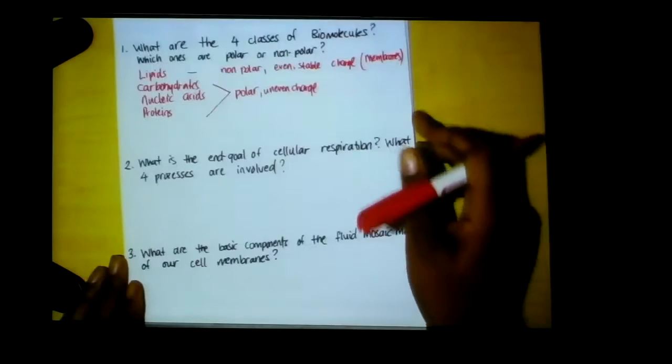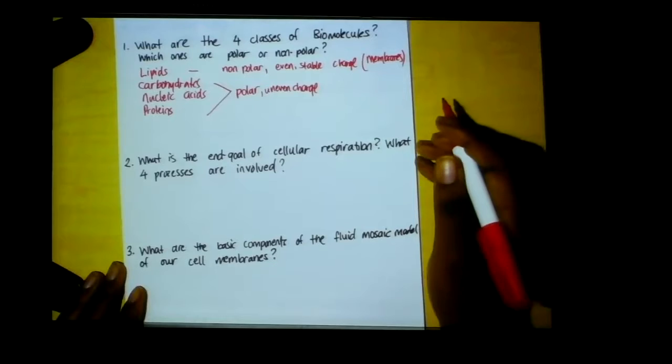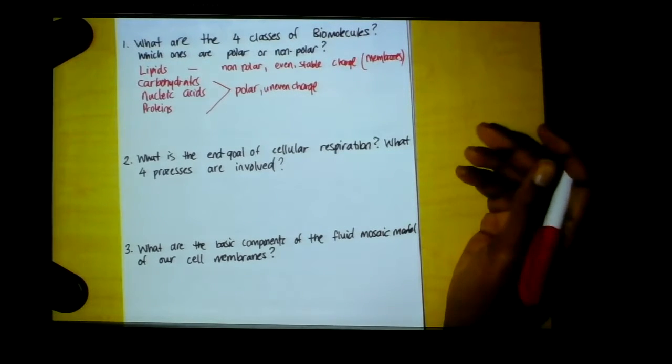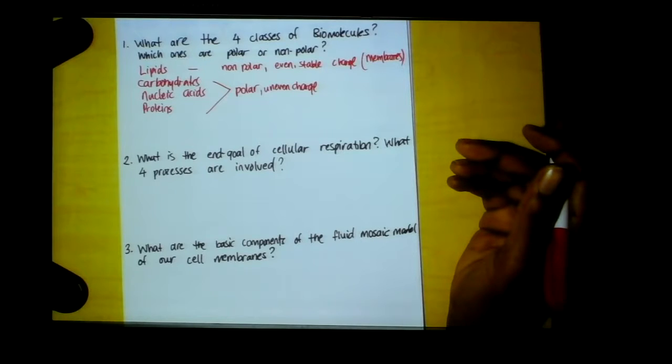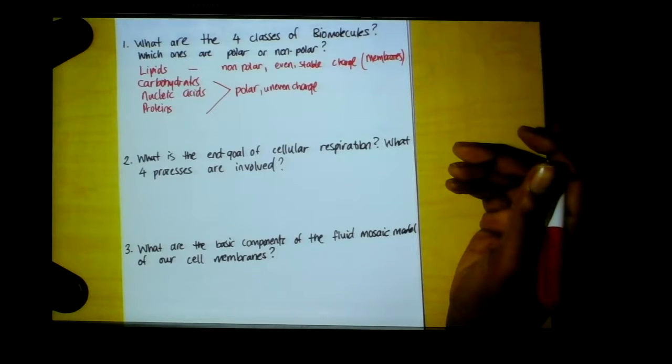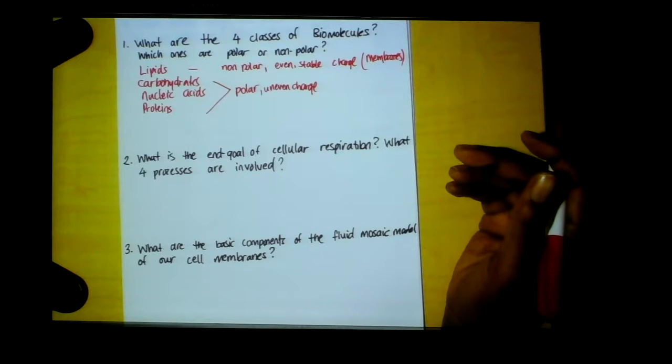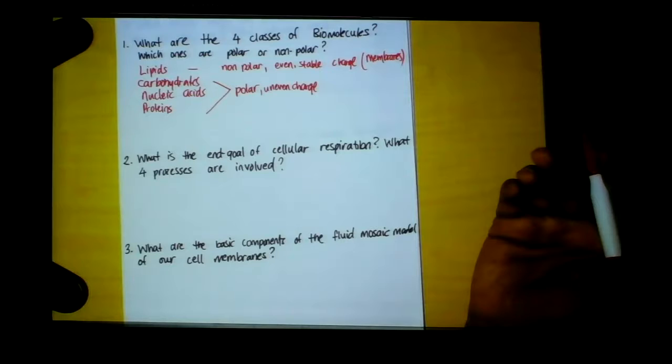All right, let's move on to question 2. What is the end goal of cellular respiration and what are the 4 processes involved? And we'll briefly go over those 4 processes. So what was the big picture of cellular respiration? Right, to synthesize ATP, right? And how did we synthesize that ATP?